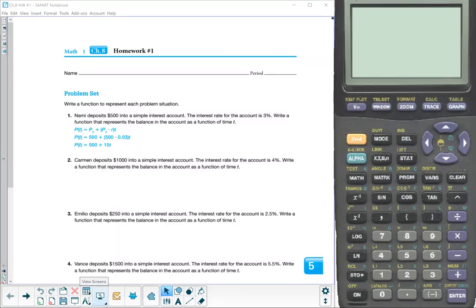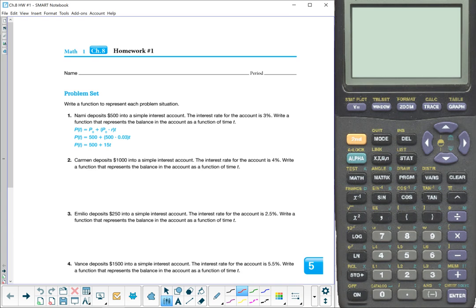This is a very different type of homework from what we are normally used to. Number one's already done for you, just a quick example. The main equation is going to be P of t equals P of zero, meaning what you originally had, plus P of zero times R, times the time that it takes.